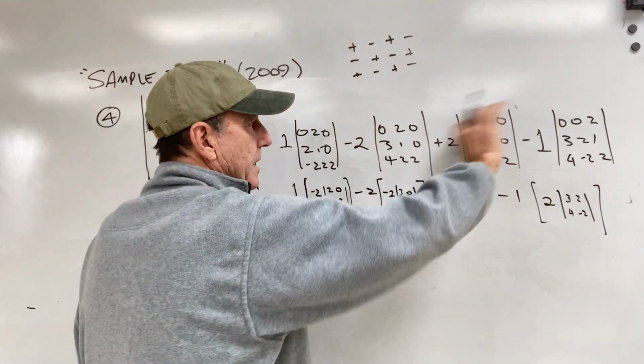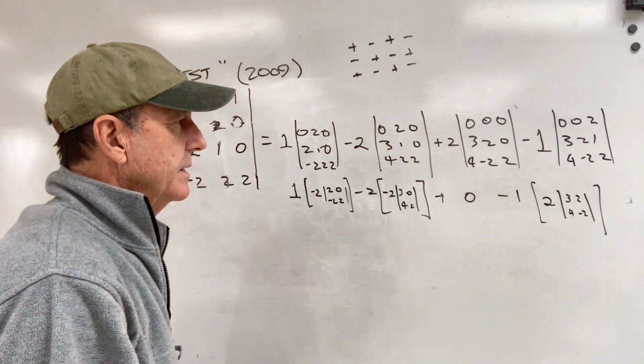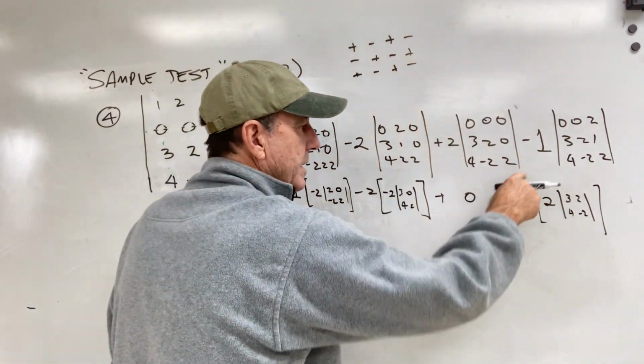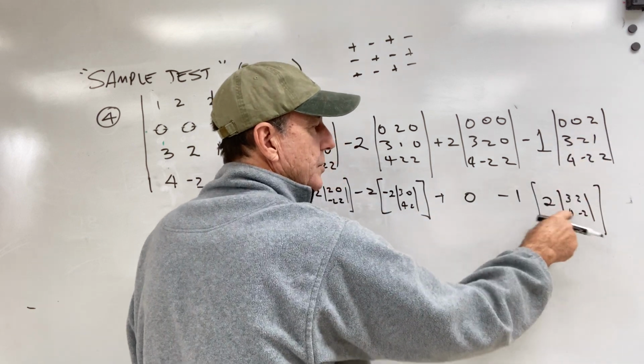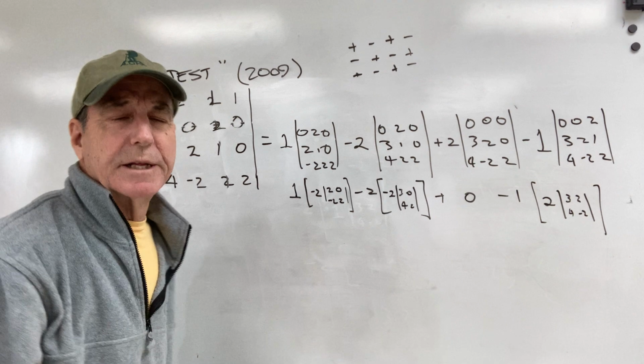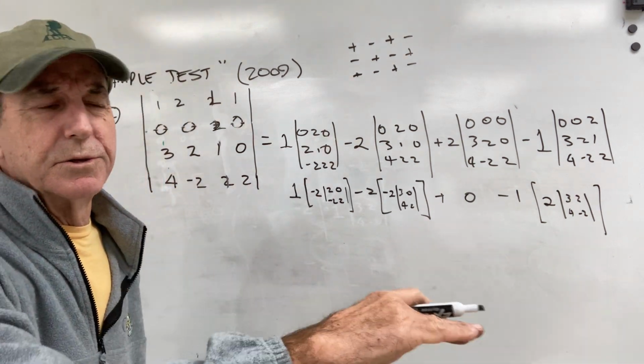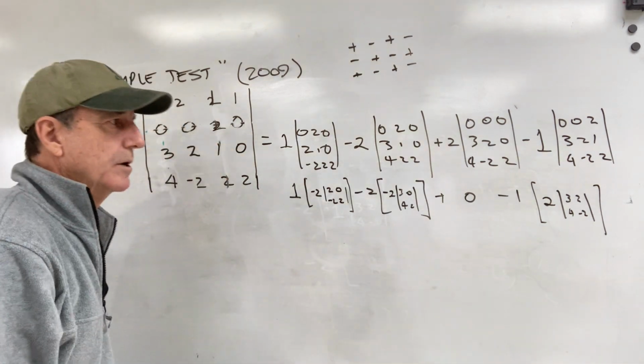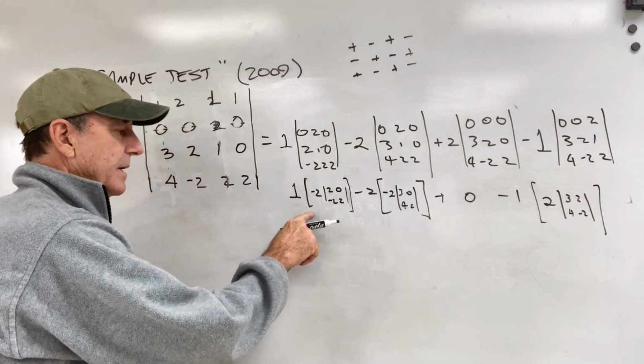This one is 2 times 0, it doesn't matter. And this one is -1 from here, and then expanding about that, which is 2 and its minor. Okay, so if we can get these guys figured out, we should get the same answer. A whole lot easier just to use that second row, but you know, what the heck.